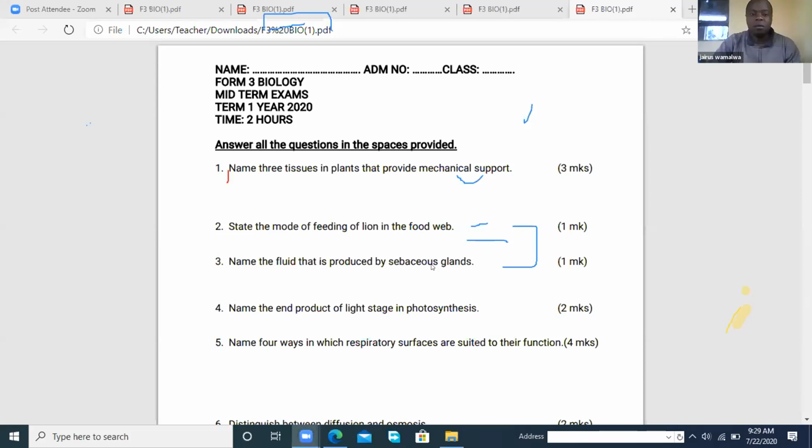And I think people should be joining. Question 1, name the 3 tissues in plants that provide mechanical support. Any trial before we get the right answer? Any trial? You can just raise up your hands, I'll be able to see you.